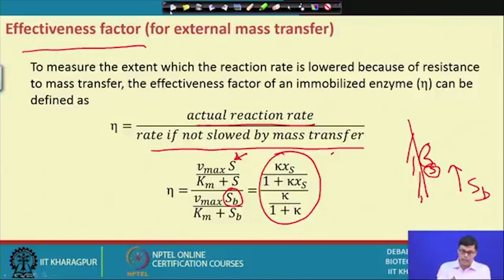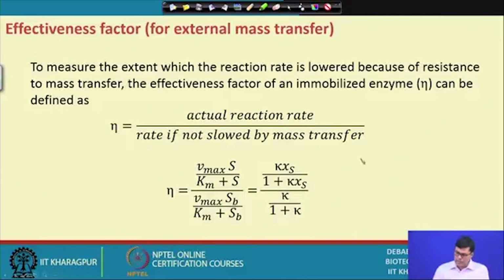Now, here I want to point out one thing. Eta cannot be more than 1, am I right? The maximum rate of reaction will be when all bulk substrate concentration is available for the reaction. So the eta value will be maximum, it will be 1. If it is 1, I can assume that there is no mass transfer limitation problem, so your heterogeneous reaction system tends to the homogeneous system. When the eta value is less than 1, what is happening?